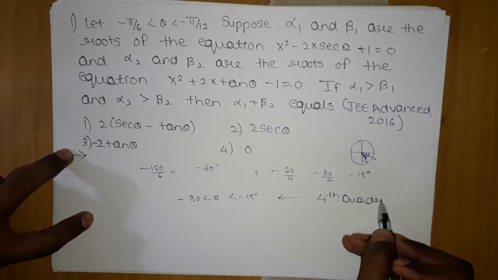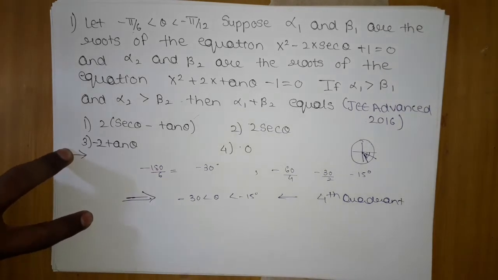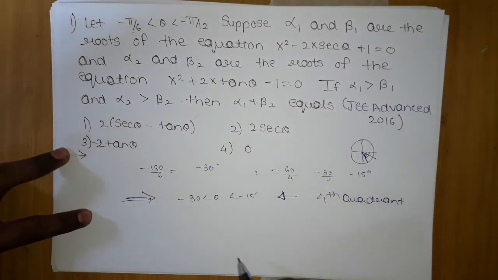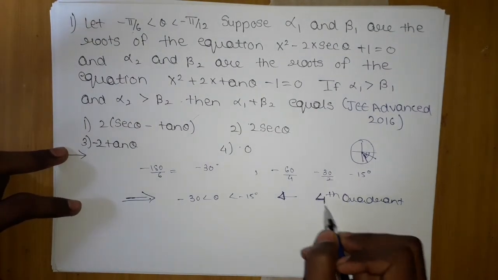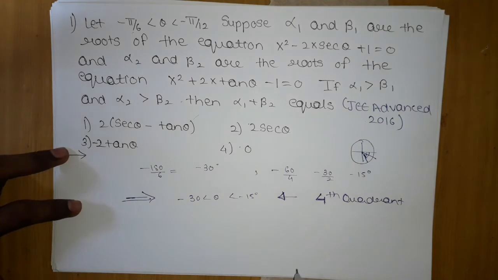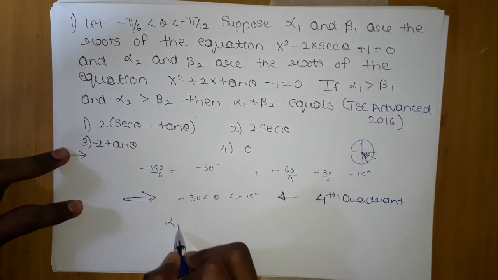Now where this will be useful I don't know, but it can be useful at any point, because JEE Advanced questions use every piece of information. So now let's find alpha 1 and beta 1 from here. Let me call it x1.